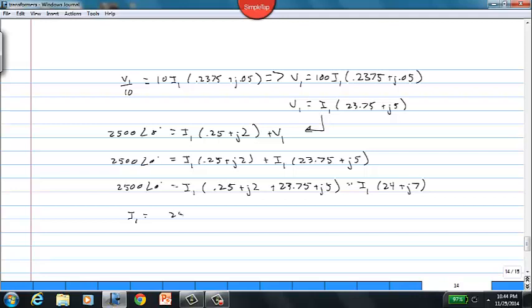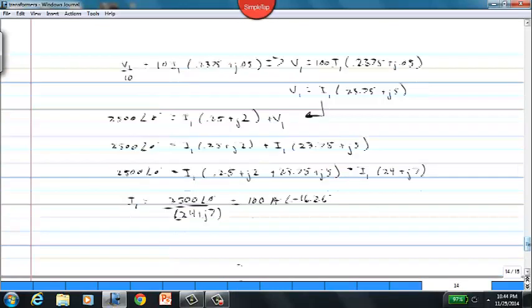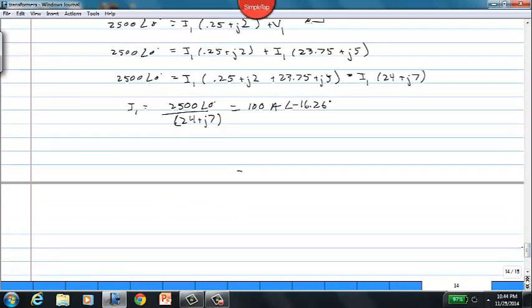I1 is therefore equal to 2500 volts at an angle of 0 degrees divided by 24 plus j7. That gives me a value of 100 amps at an angle of negative 16.26 degrees as the current flowing in the primary side.